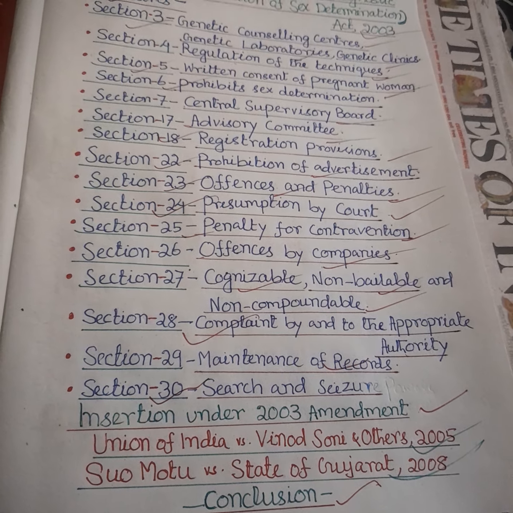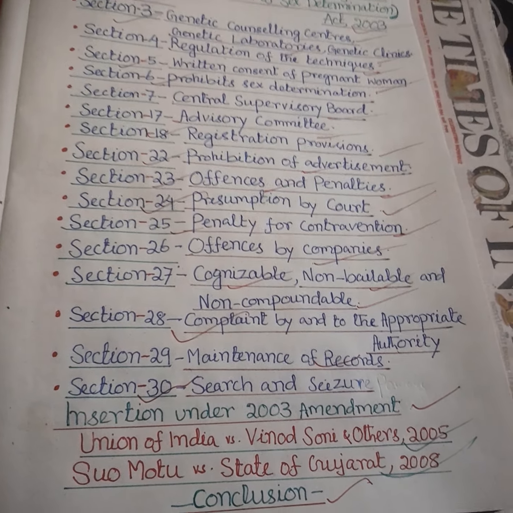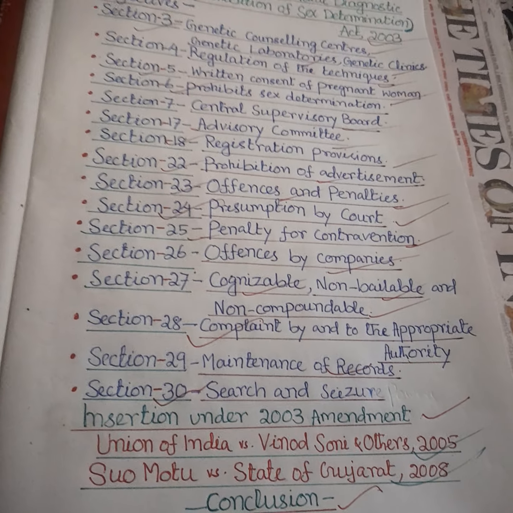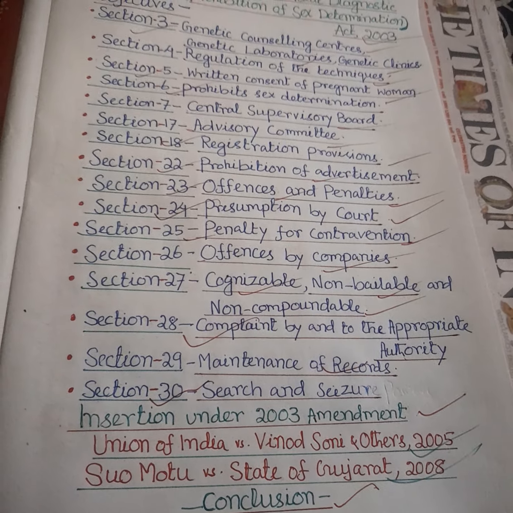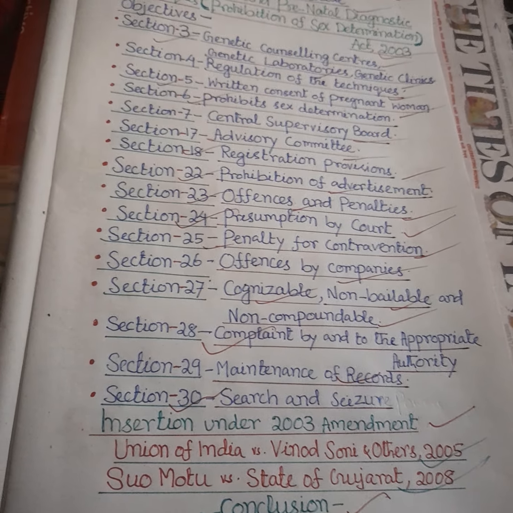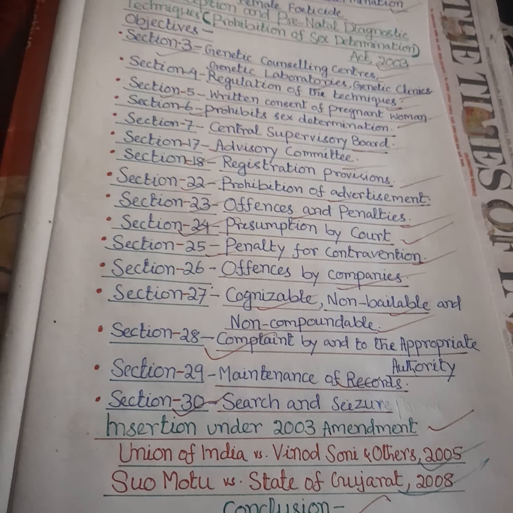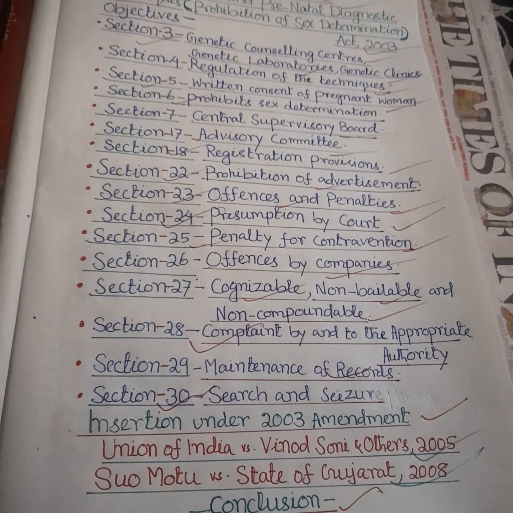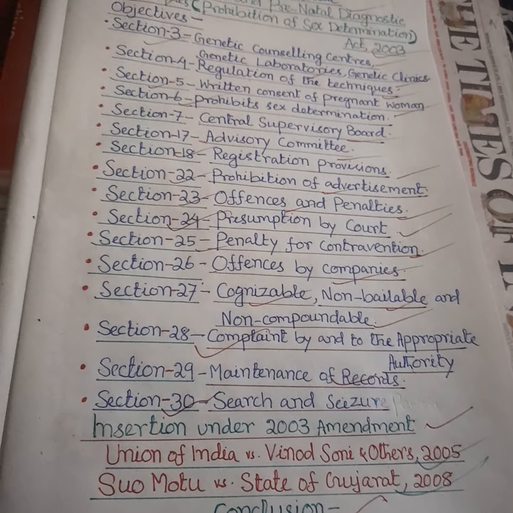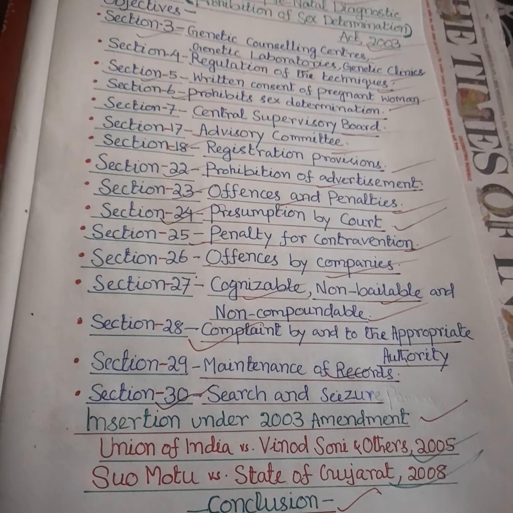And also we have discussed the various offences and penalties falling under the Act as per the provisions of Section 23 and also Section 25, and offences committed by companies under Section 26, and finally how Section 27 provides that all offences committed under the Act are cognizable, non-bailable and non-compoundable.